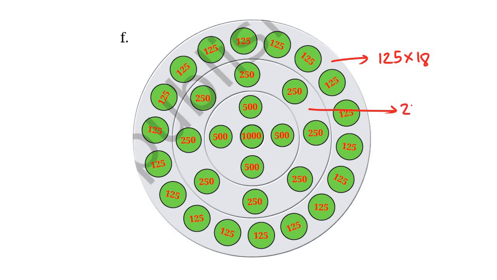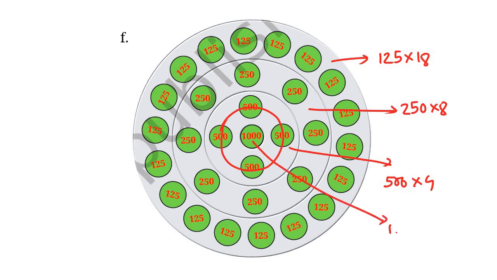So it will be 250 into 8. Next, again the inner circle, this one: 500 into 4. And lastly 1000, only one. So this is more or less the entire structure.